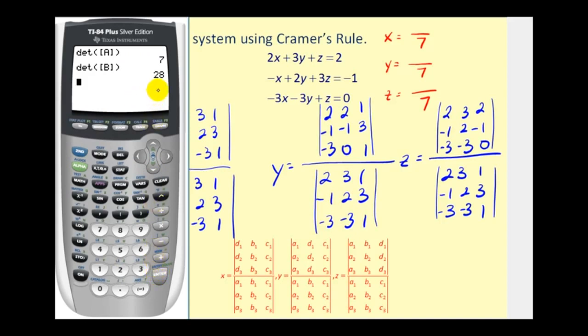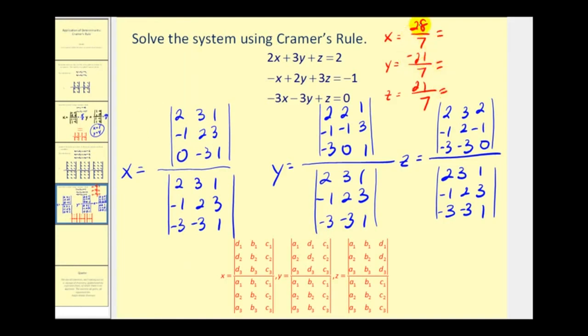Let's find the determinant of matrix C: second matrix, math, enter, second matrix, that would be matrix C. It's -21. And then for the numerator of z, we'll have the determinant of matrix D, which is equal to 21. So we'll have 28, -21, and 21.